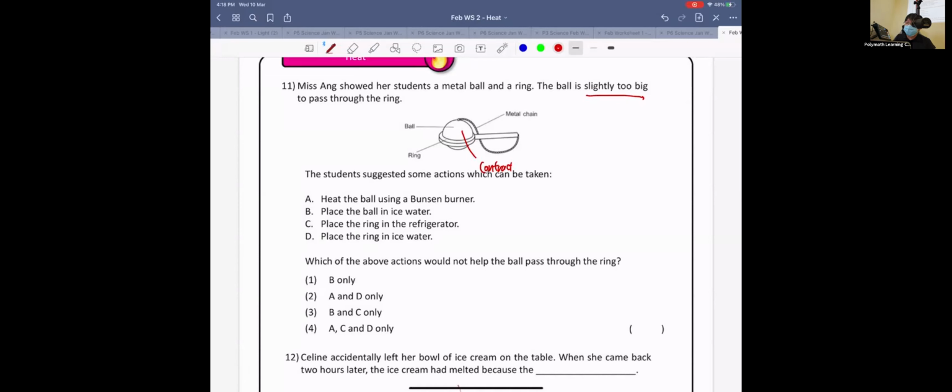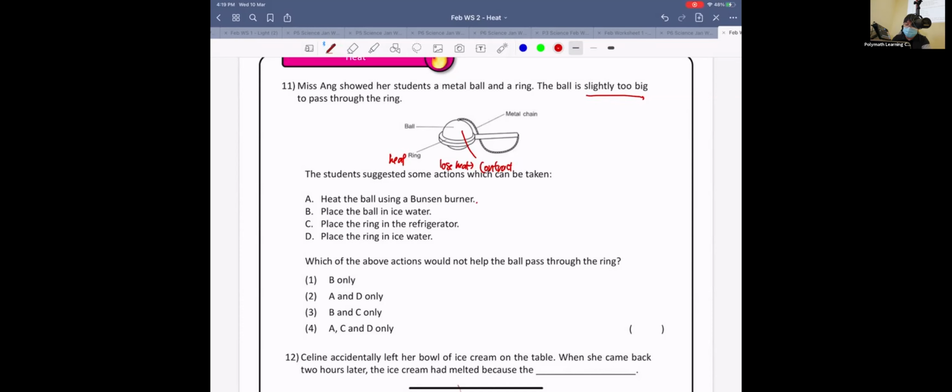But in this question, they say the ball is too big to pass through the ring. So you want the ball to become smaller. That means you want it to contract. If you want it to contract, you need it to lose heat. Or you can let the ring gain heat. You can heat up the ring so the ring expands. Now the hole will be bigger than the metal ball.